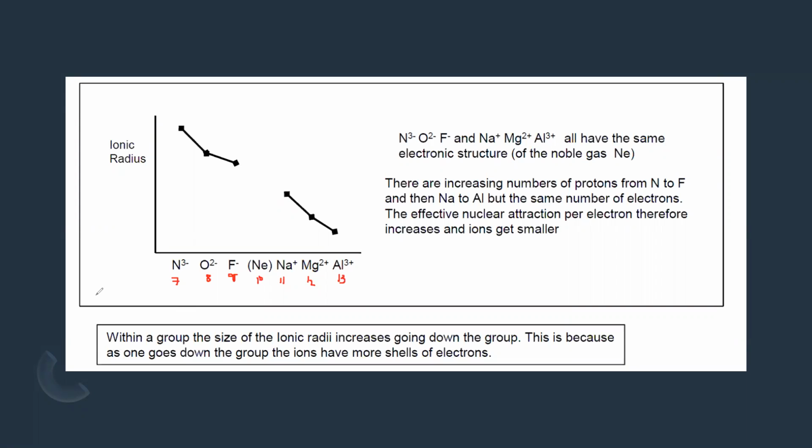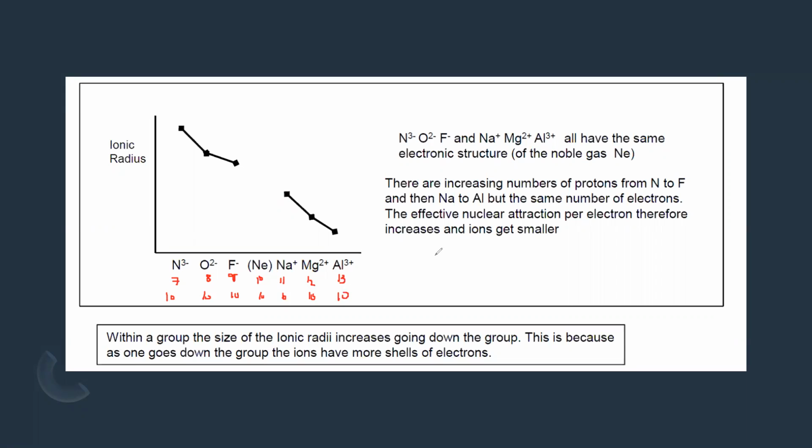Nitrogen took 3 electrons, so how many electrons will be there? 10. Oxygen took 2 electrons, 10. Fluorine took 1 electron, 10. Neon cannot react, so it will be the same 10. Sodium loses 1 electron, magnesium loses 2 electrons, aluminum loses 3 electrons.